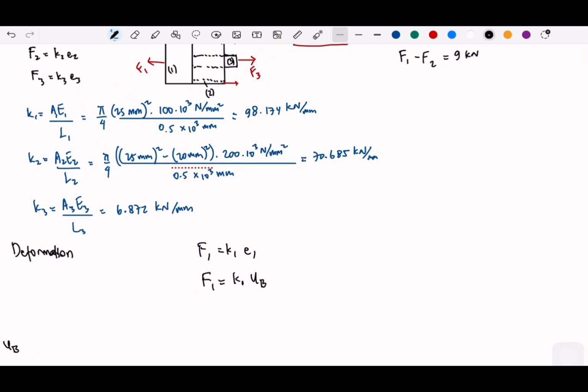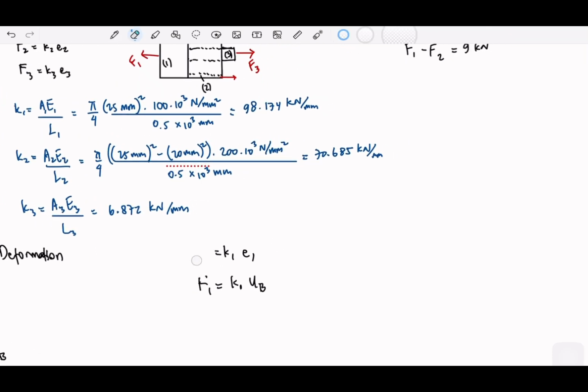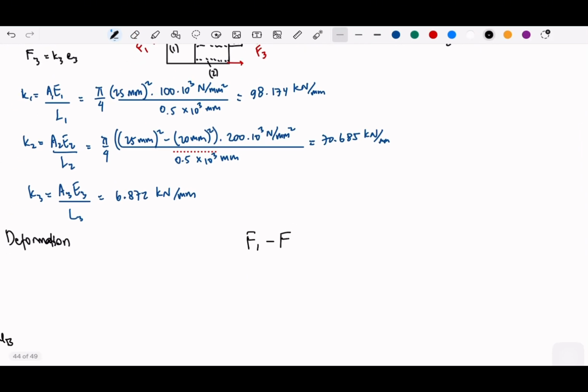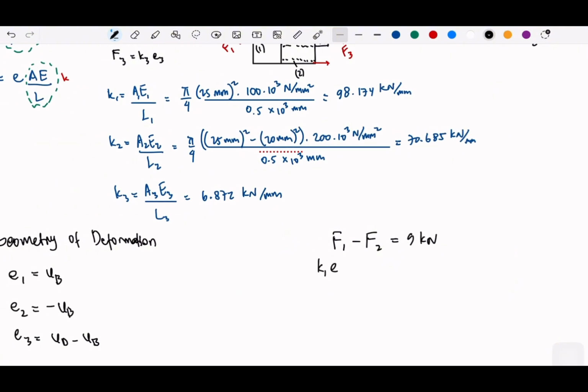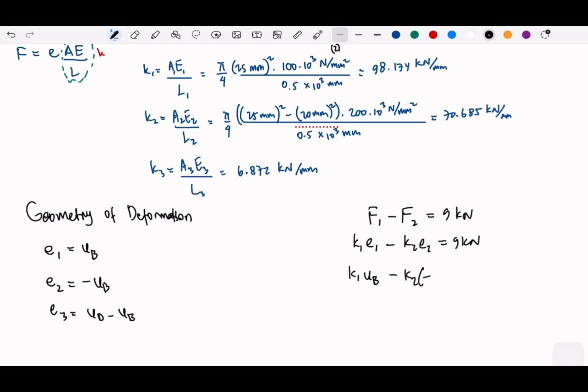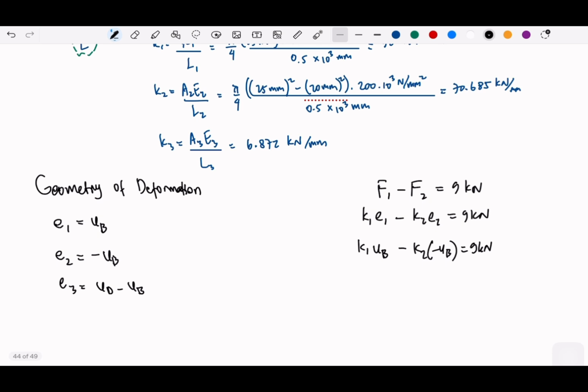So F1 is K1 E1 minus K2 E2, and we can write this as K1 UB minus K2 times negative UB. So this will be UB times K1 plus K2 equal 9 kilonewton, and we can get UB from this expression.